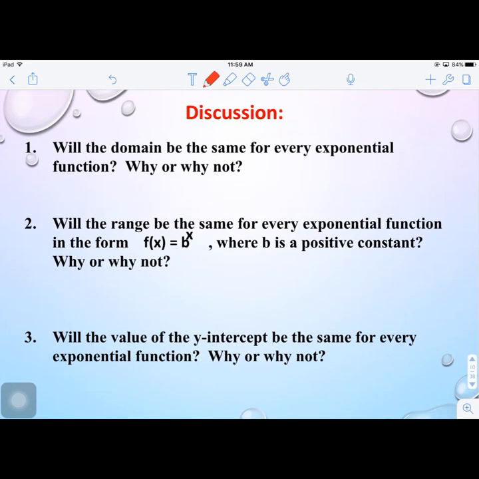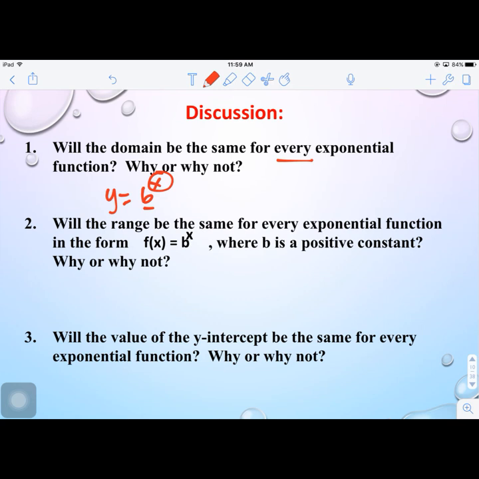And let's take a look at these discussion questions. Number 1, will the domain be the same for every exponential function, y or y not? So if you think about the graph y equals b to the x, with any base, we're looking at the x value because domain is the x value. So think about all the possible numbers. Is there any restriction? And the answer is no, there's no restriction.